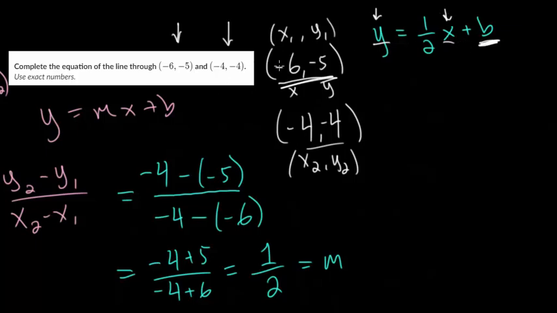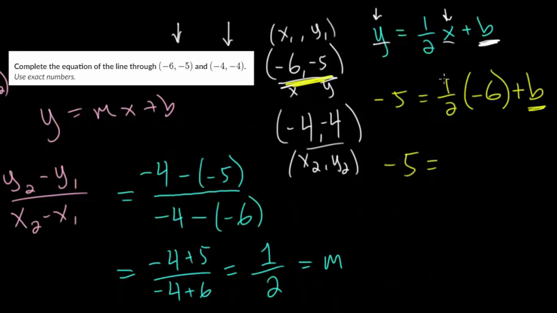So let's substitute these values into our equation. y is minus 5, and then we have 1/2 times x, but x is minus 6, plus b. Now we want to solve for b, so I'm going to simplify. Minus 5 is equal to minus 6 divided by 2, which is minus 3, plus b. From here, I'm going to add 3 to each side of the equation. Minus 5 plus 3 is minus 2. And minus 3 plus 3 cancel, and I'm just left with b.